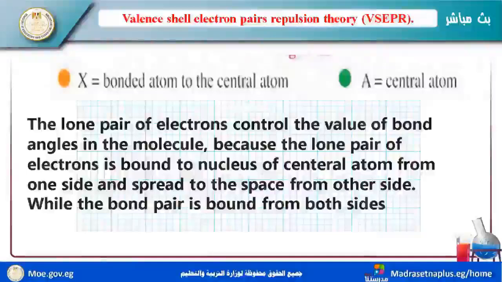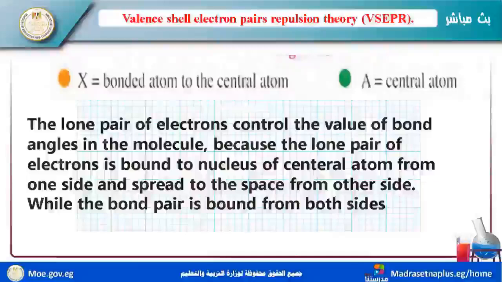In NH3, we have three bonds. Each bond has a bond pair.